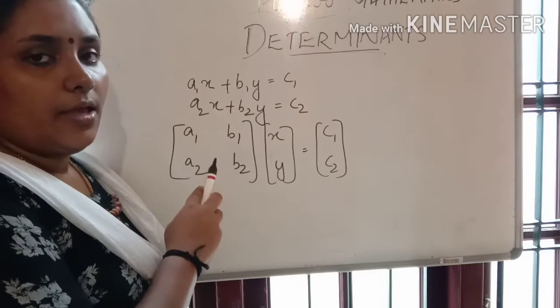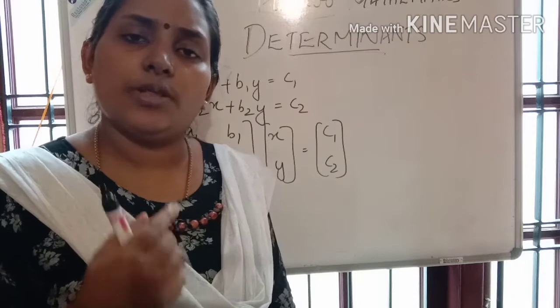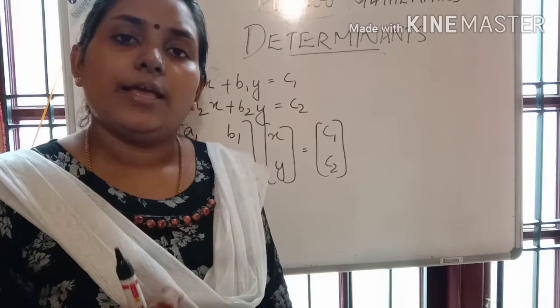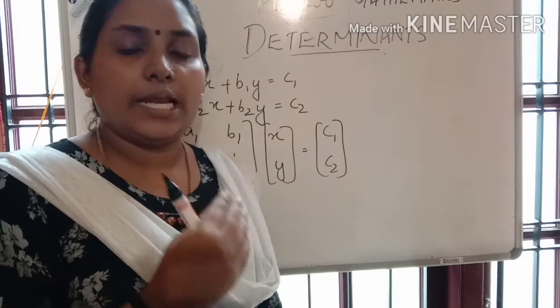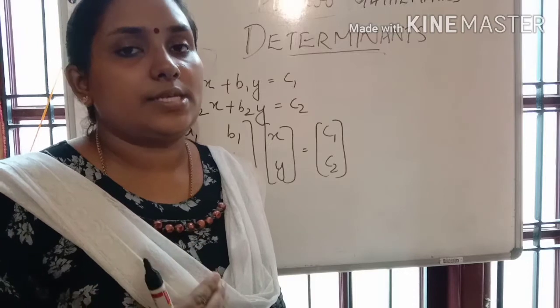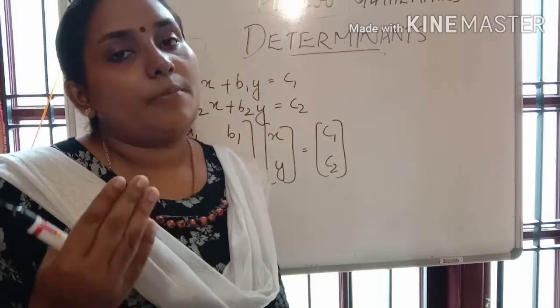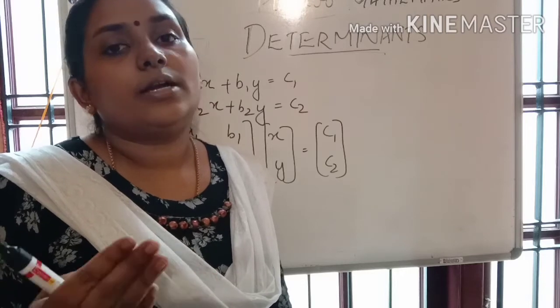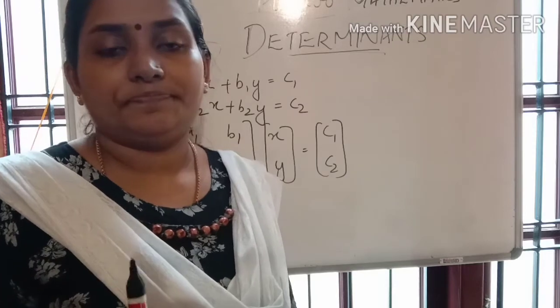And the next doubt is whether this matrix has a unique solution or not. In order to determine the solution for this matrix or linear equation, we prefer determinants. To find the value for the unique solution for the matrices, we use the determinant of the matrix, right? Let us see the determinant of the matrix.